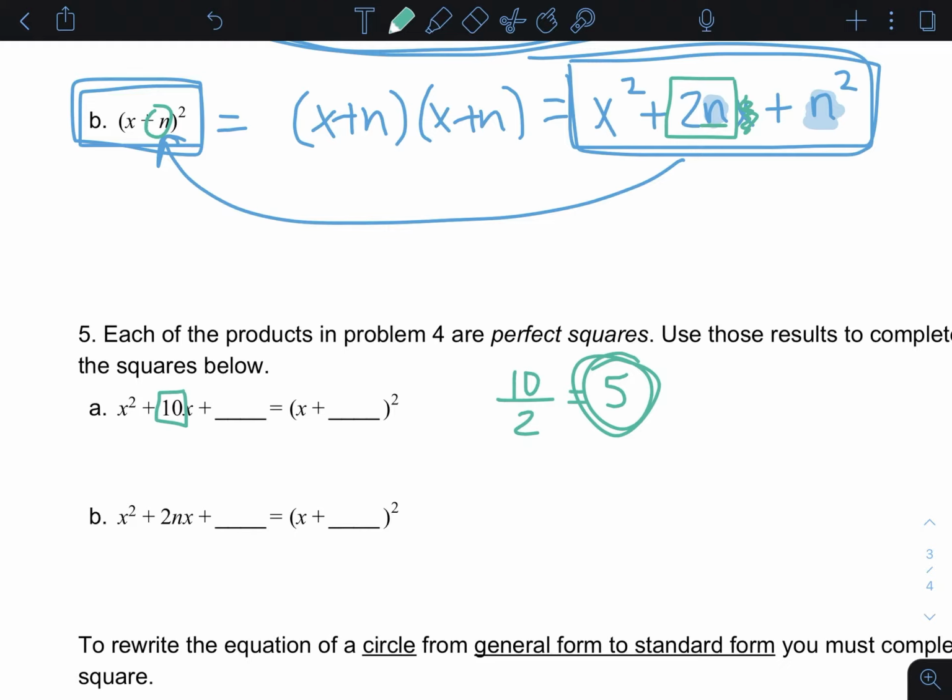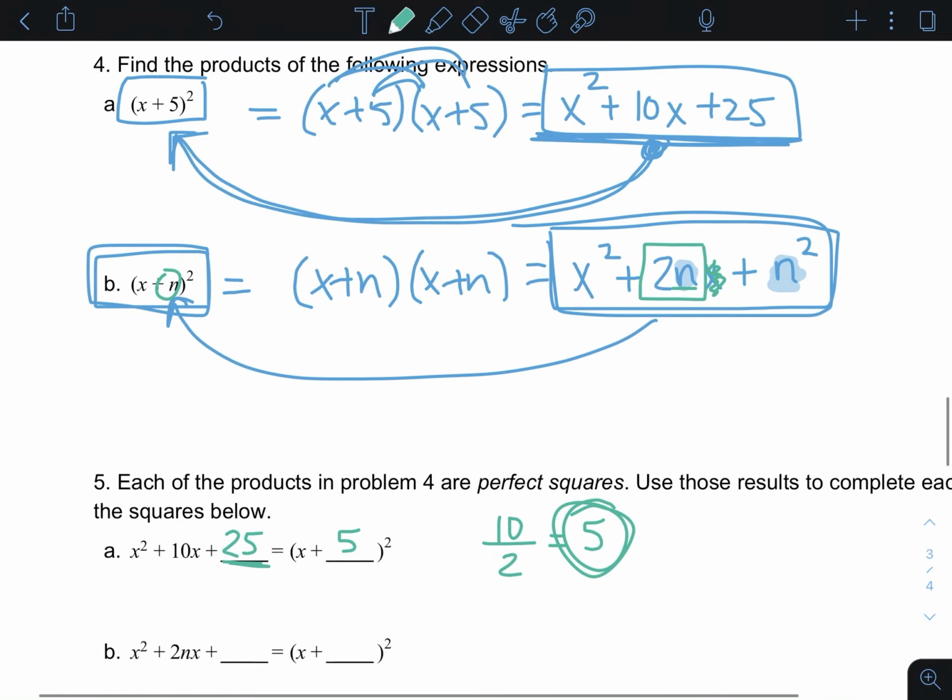So I can go ahead and place a 5 there, and that's going to work. And then over here in this next blank space, it's n squared. So 5 squared is equal to 25, and that's what I'm going to place in that position. You can go back to the first example where we took x plus 5 squared and FOILed it out, and notice that we got x squared plus 10x plus 25.